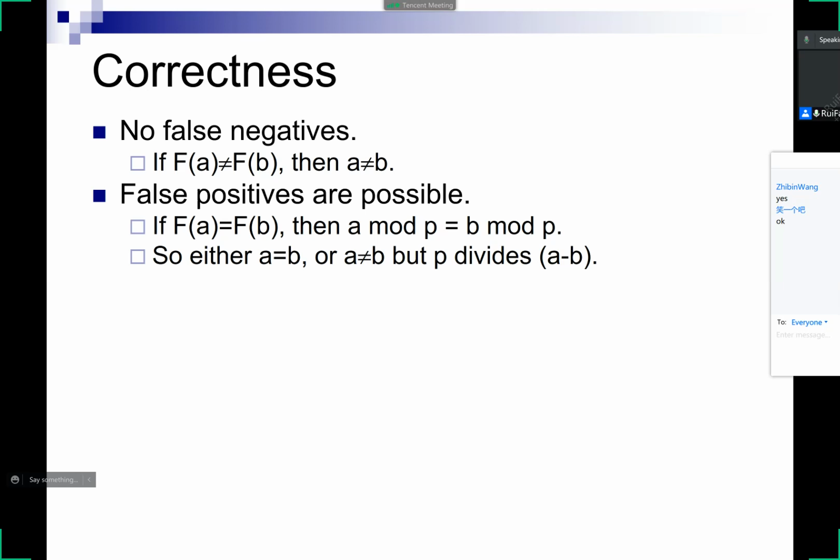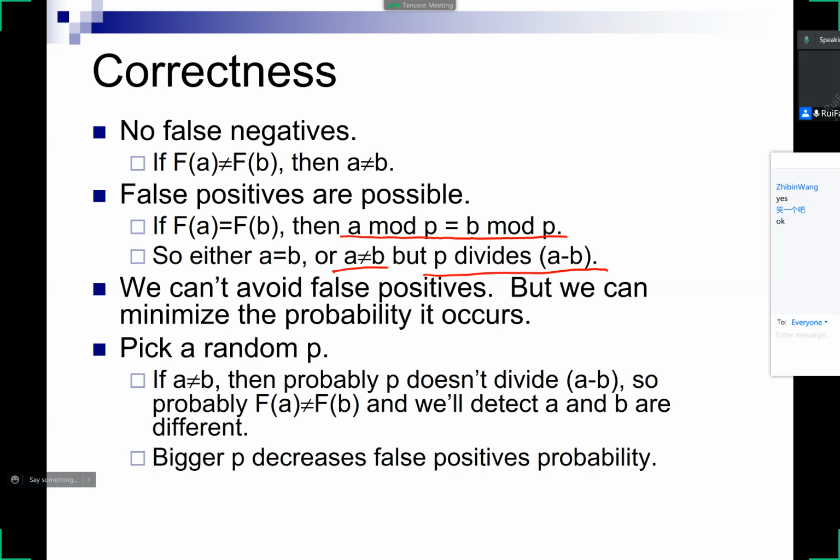This can happen when you have two strings which are not equal, but the prime that you choose divides the difference between these two strings. In that case, the first string modulo p is going to be equal to the second string modulo p. So the fingerprints look the same, even though the strings themselves are not the same.